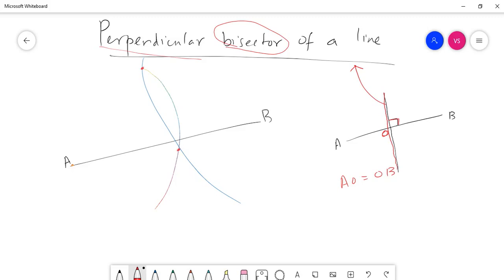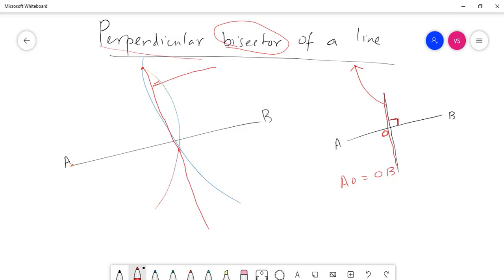And once you get these 2 points, connect these 2 points, and you can extend it. So this is the line we call perpendicular bisector for this line. This is how you should draw this line.